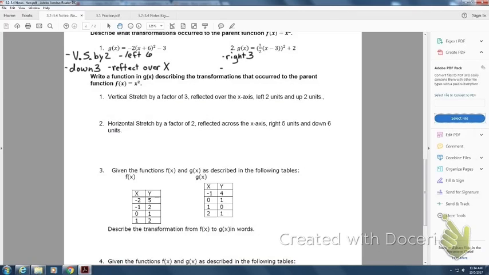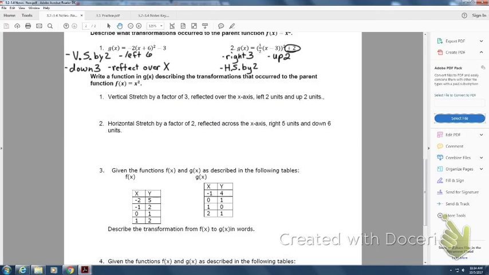It horizontally stretched by 2. And Jonathan, the +2 at the end, which direction does that move it? Up 2. Okay.